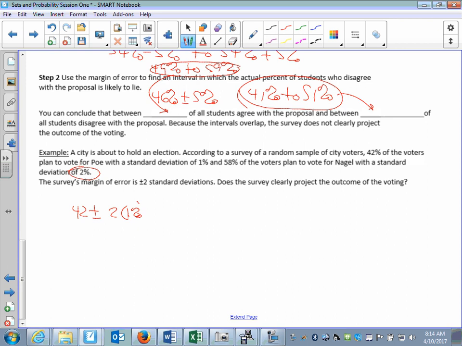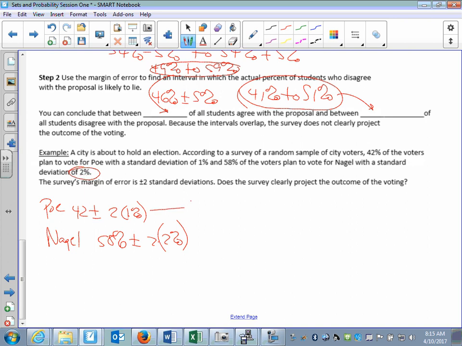This is Poe. And for Nagel, we've got 58% plus or minus. Now, the standard deviation of Nagel's survey is 2%, and so we would multiply 2 times 2%.